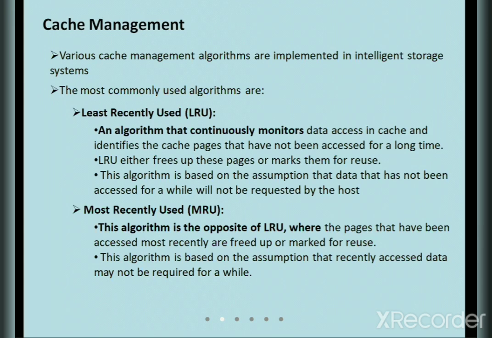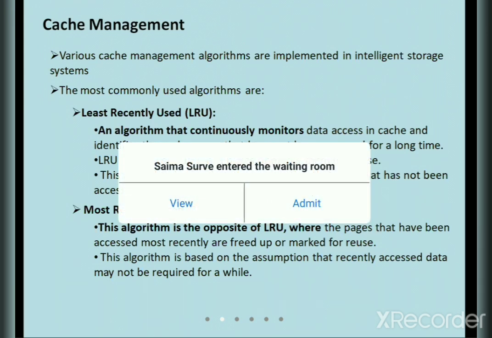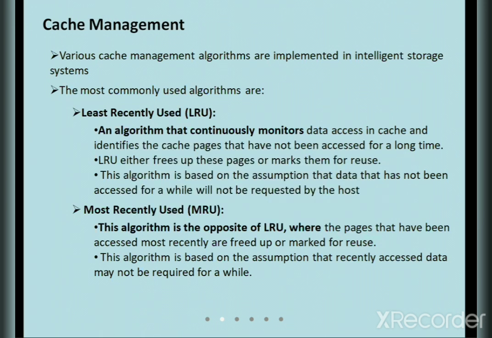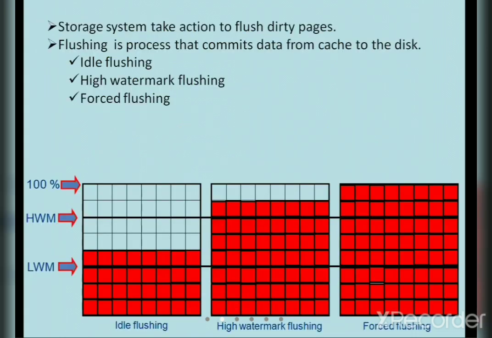Least recently used means the pages you have used recently will be available in the cache, and whichever you are not using, those pages will be transferred to the hard disk. In the most recently used, the pages that are accessed most recently are put into use, and later transferred to the hard disk. So this is how cache management takes place.